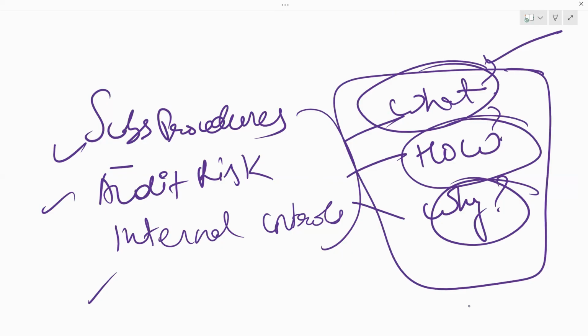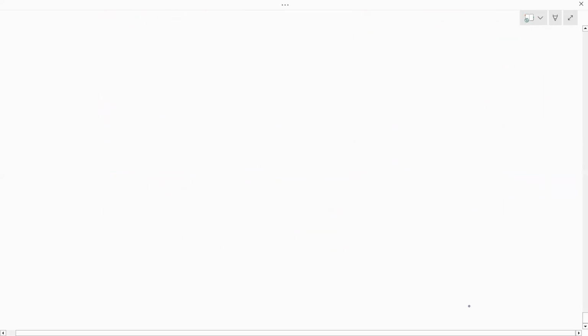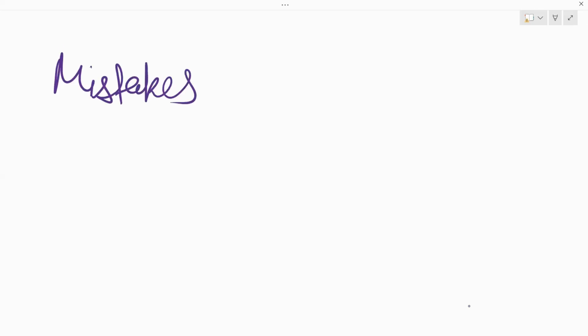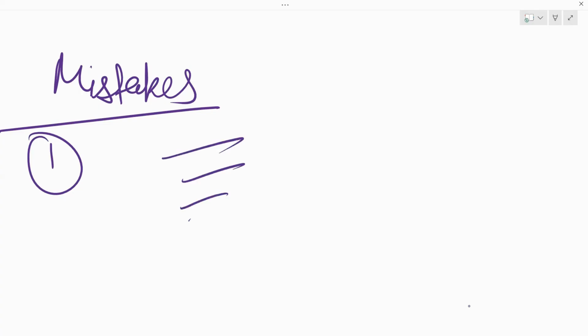So now let's discuss some of the mistakes that students usually make, and then we'll move forward with how to attempt it. I'll show you an example from the question and then we'll form one substantive procedure. First, the mistakes students make: repeating the question requirement once or twice. Whenever we are writing our substantive procedures, we can straight away start with 1, 2, 3.